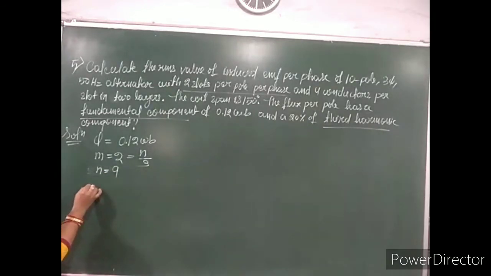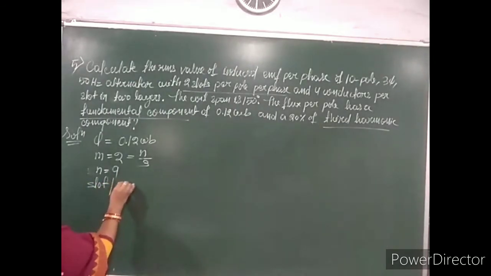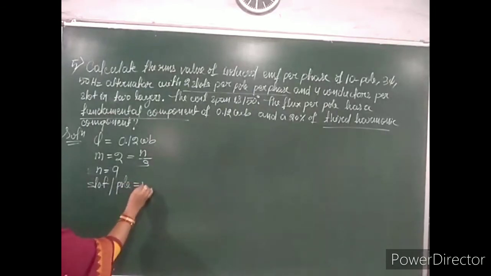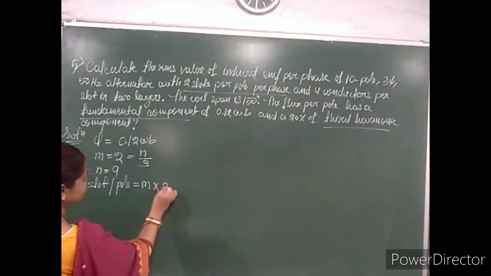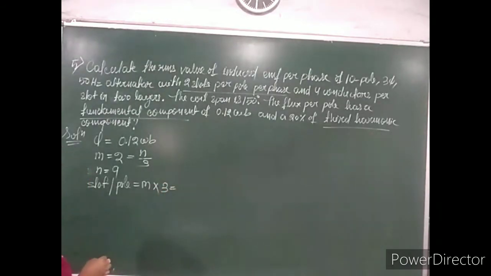Now number of slots per pole is m into number of phases. Number of phases is 3, m is 2, so slots per pole is 6. Clear? As in my given question, slot per pole per phase is 2, so number of slots per pole is m into 3, which gives 6.